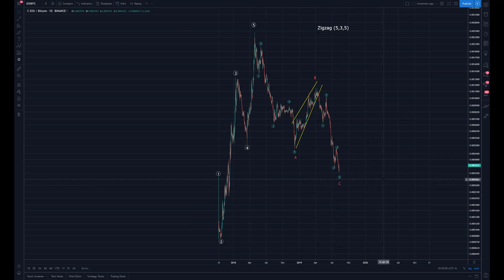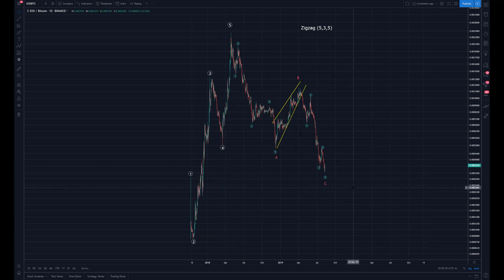We have the subwave composition, 5, 3, 5. And that 5, 3, 5 stands for the 5 subwaves of A, 3 for B, and 5 for C. So the degree of probability that this is complete is now pretty high, because I can count 5 subwaves, which gives a good degree of confirmation.